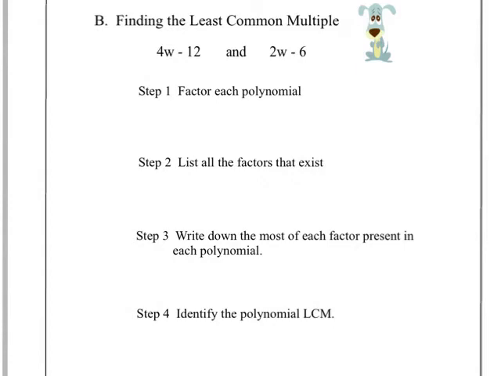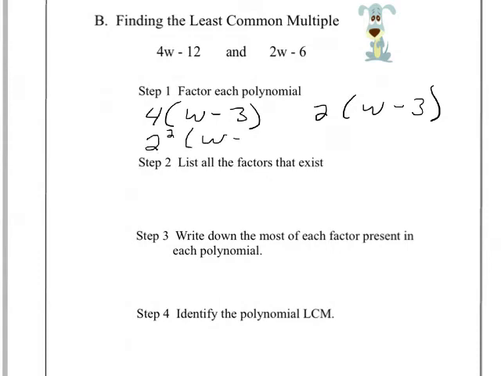In the first one you can see that I can factor out a 4, so I have 4 times the quantity w minus 3. In the second one I can factor out a 2, and I'm going to get w minus 3. Now I'm going to go one step further and put 2 squared times w minus 3, and 2 to the first times w minus 3.